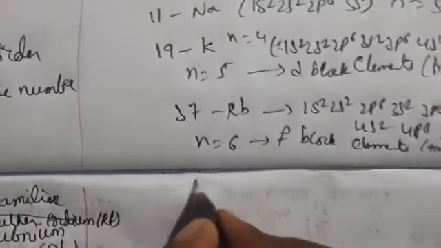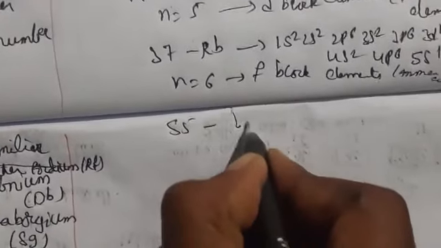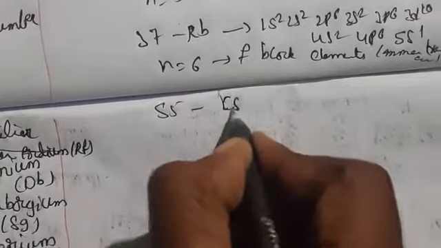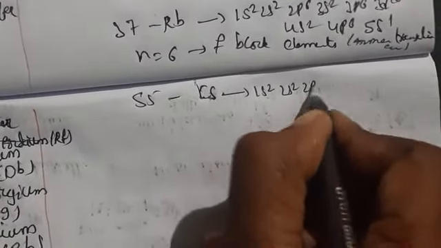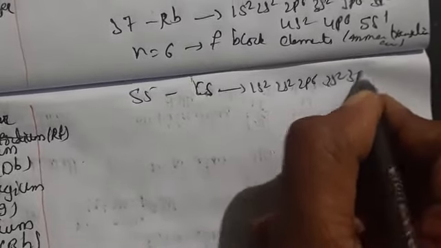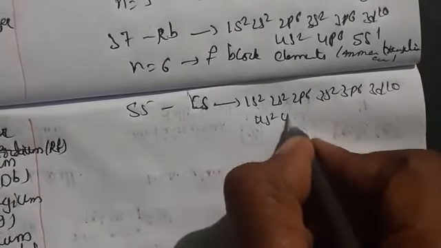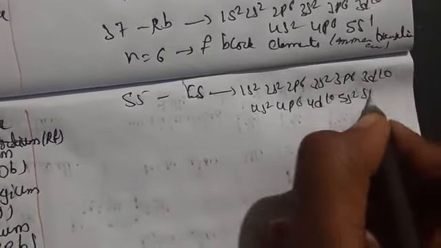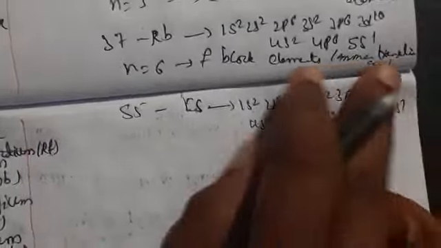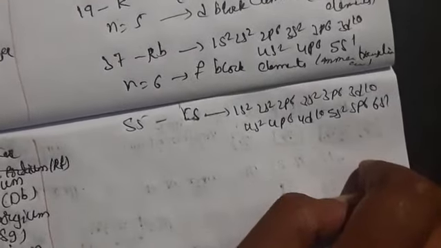So it is generally atomic number 55, cesium. We can take cesium, which has the configuration 1s2 2s2 2p6 3s2 3p6 3d10 4s2 4p6 4d10 5s2 5p6 6s1. So this is about the lanthanide series, and we are taking cesium.